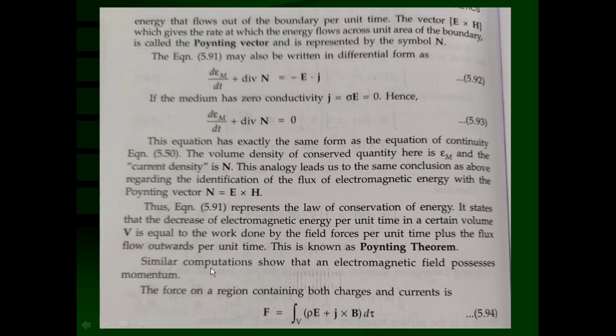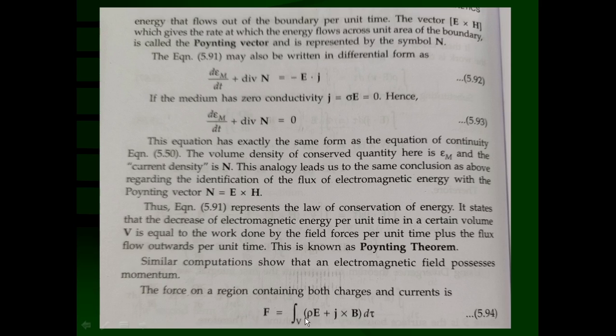To start with the field momentum, again we start with the force exerted on the charge inside a continuous distribution of charge in a volume. So Q is equal to ρ dτ, which we consider here. The Lorentz force exerted on a charge Q moving in electric field E and magnetic field B is normally given by F is equal to Q times (E plus v cross B).